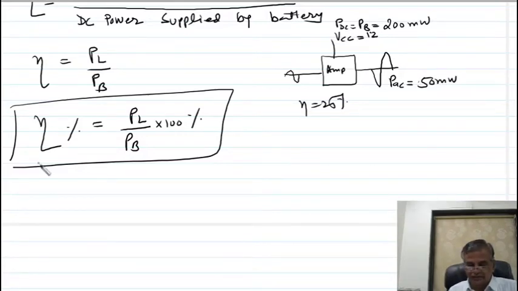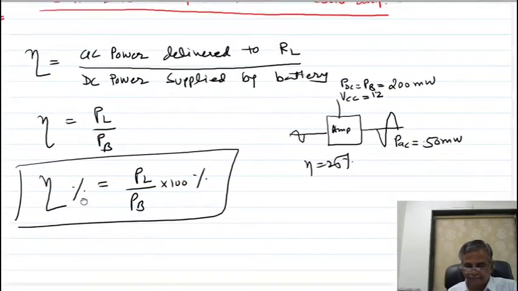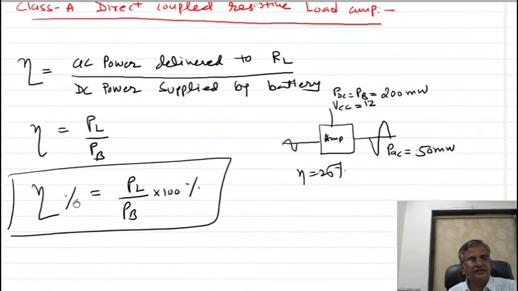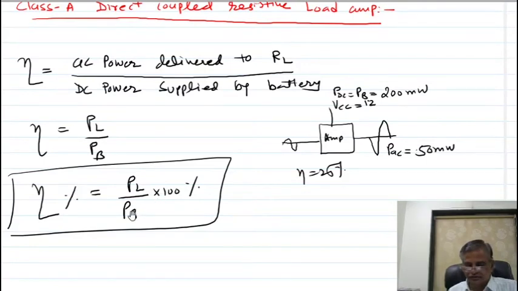So efficiency says how efficient this circuit is to convert DC power into AC power. So I think you must know the meaning of efficiency.